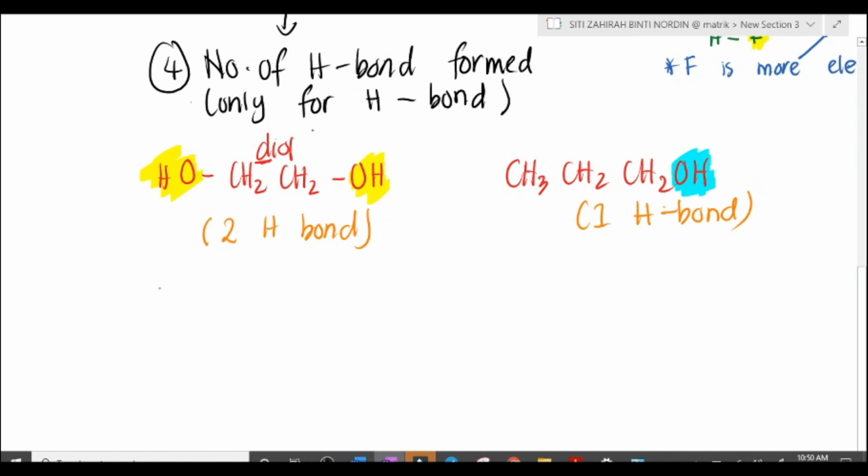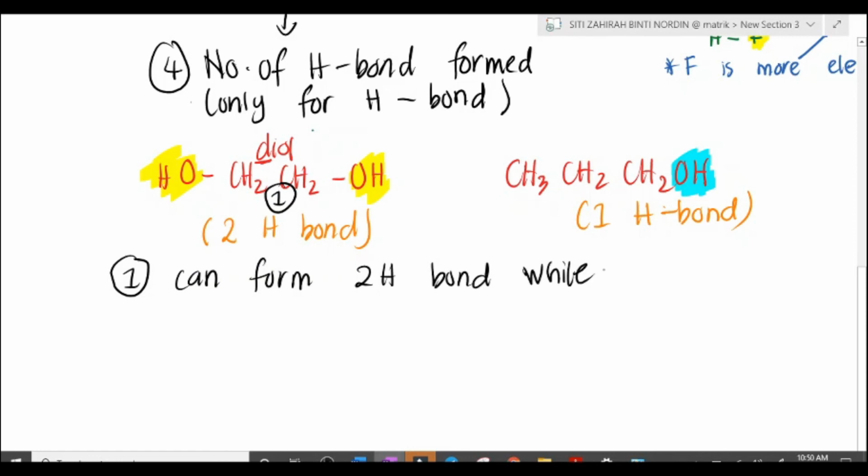In short, the first structure can form two hydrogen bonds, while structure 2 forms one hydrogen bond.